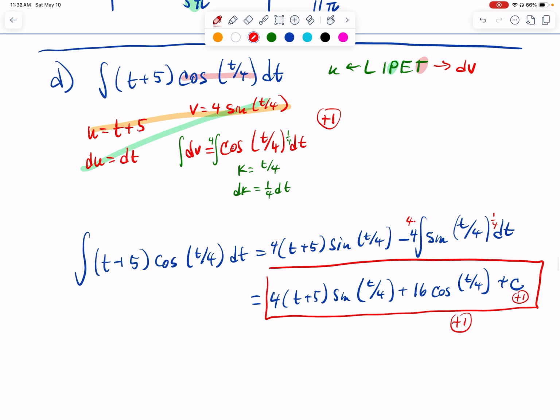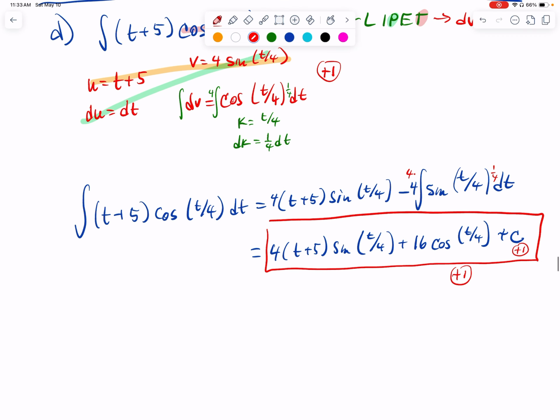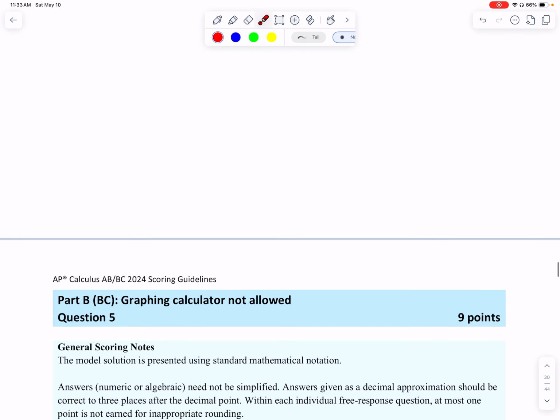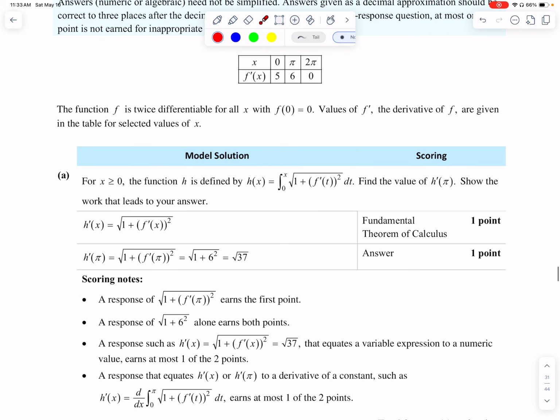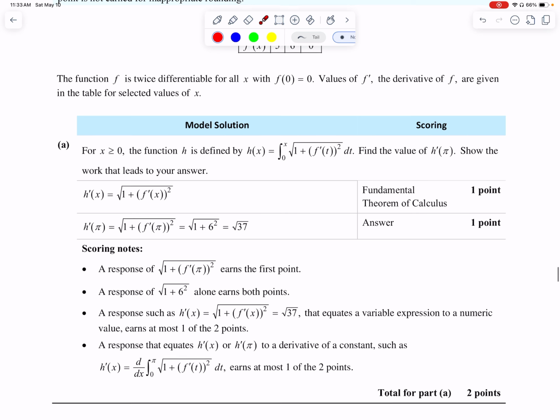Let's see how we did and what my guesses were for the points, the 9 points for each one of these. Okay, so on our scoring guidelines, 2 points on the first one, applying FTC. And our answer, I believe that's exactly what I thought.